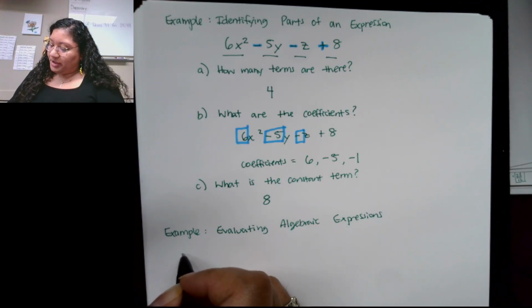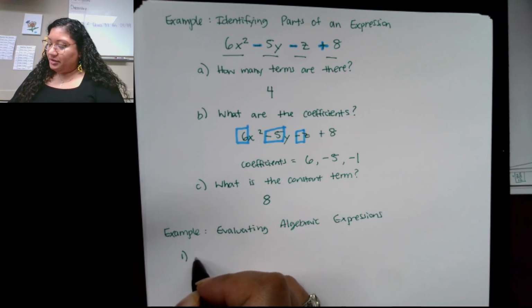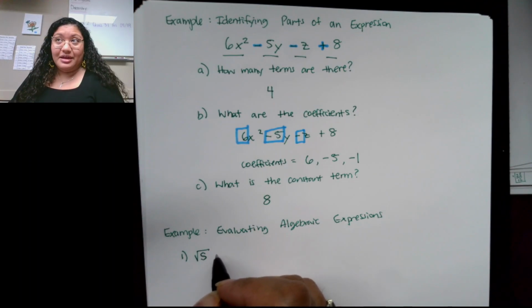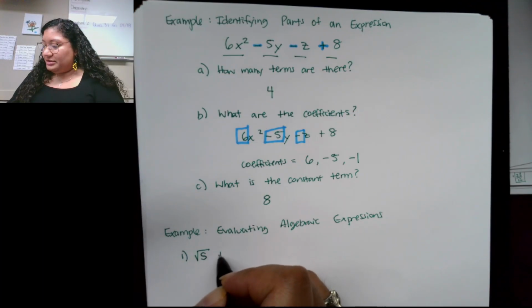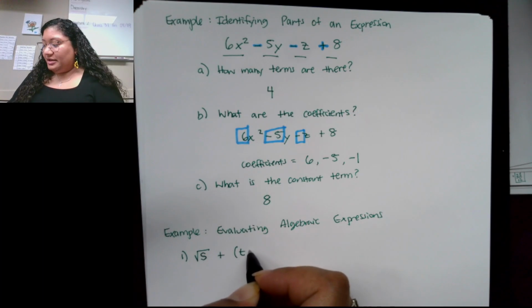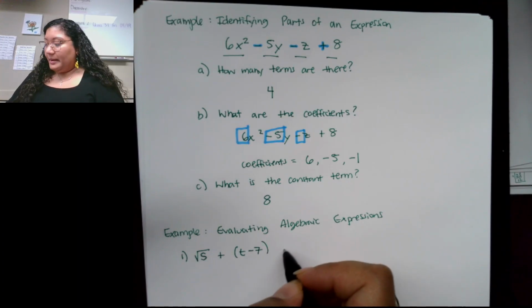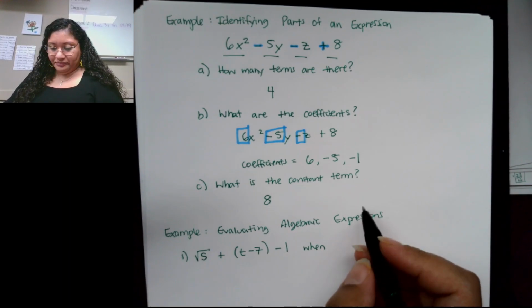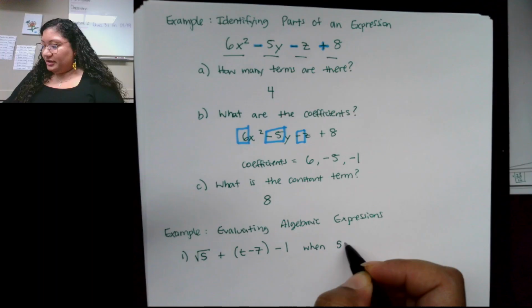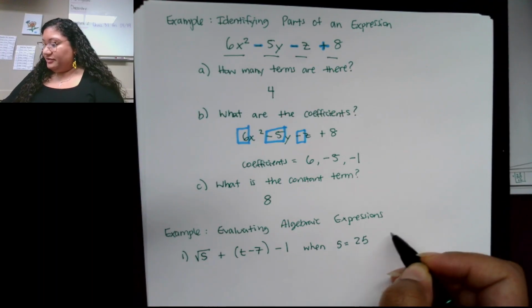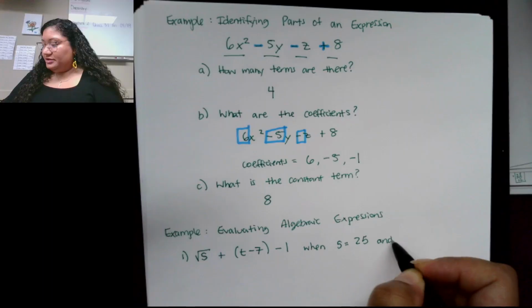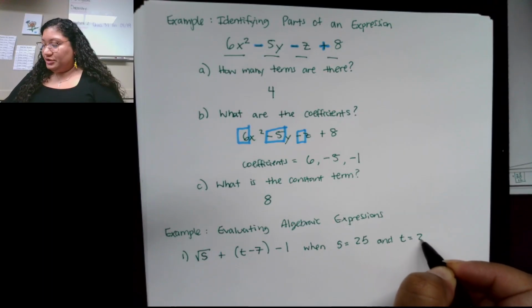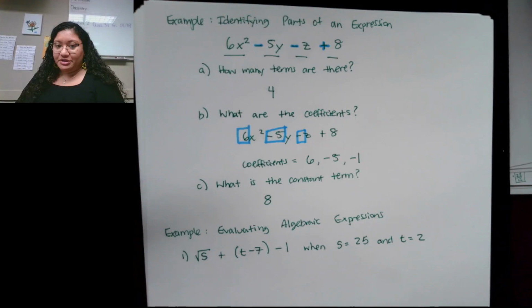Okay, number 1. We've got the square root of s, plus parentheses t minus 7, minus 1, when s equals 25 and t equals 2. So what do we do with those numbers?